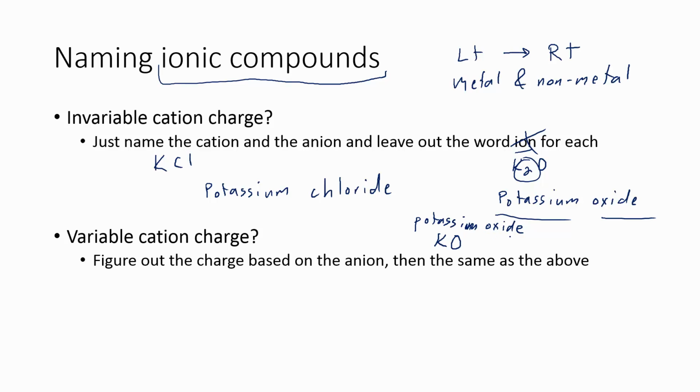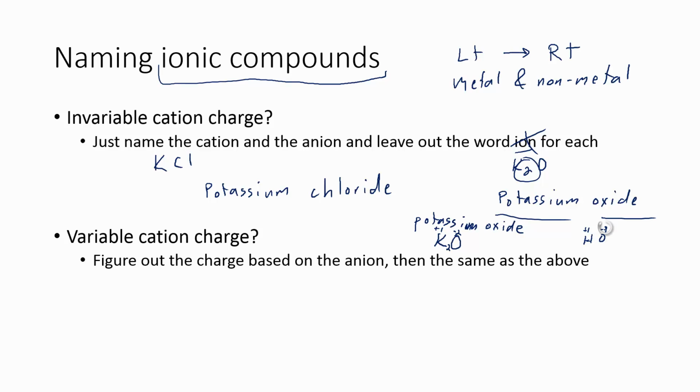So potassium and oxide, K and O, don't have a 1-to-1 ratio because potassium is +1 and oxygen forms -2 ions. So therefore I need 2 potassiums for every 1 oxygen. Okay? Similar in a way to H and O in water. If we think of this as ionic, and it's not completely ionic, but we'll talk more about that later.